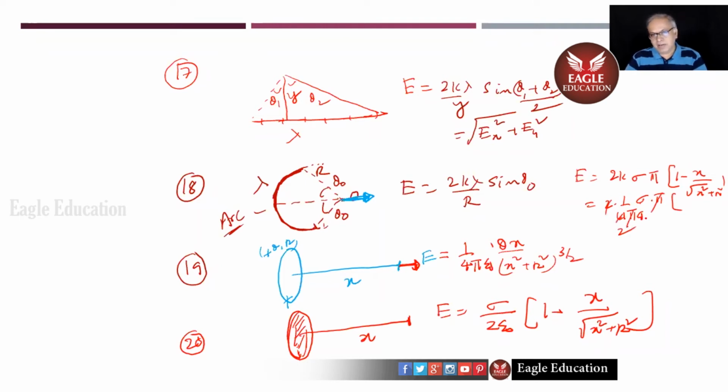So it is sigma by 2 epsilon 0 into 1 minus x by root of x square plus r square. Yes, sir. So that is the formula.